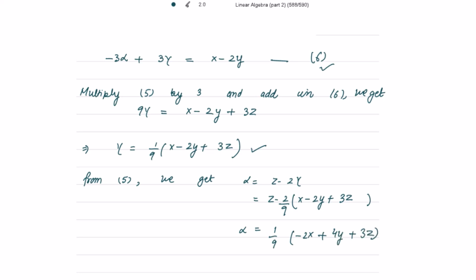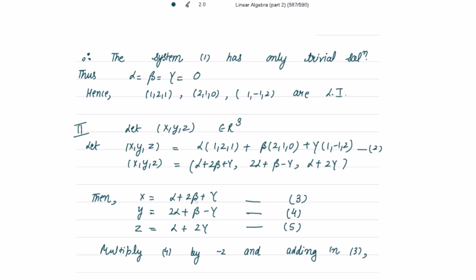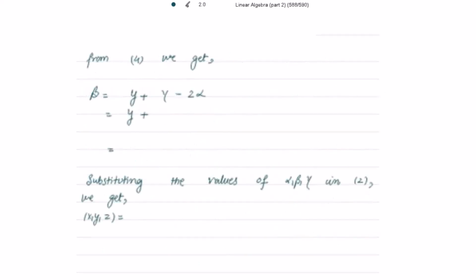Now remaining, I need the value of beta. I know alpha, I know gamma. From here, I can solve beta. Let me take this for beta. I will get now the value of beta. Place beta here and take all these things to the left hand side. So from 4 we get beta to be y plus gamma minus 2 alpha.